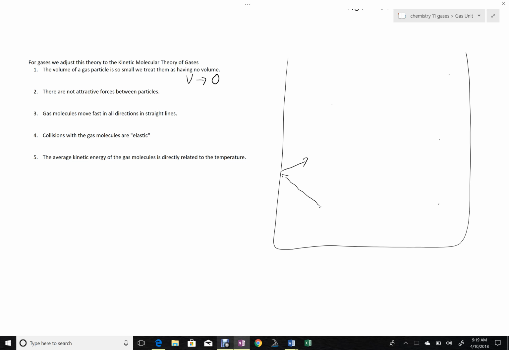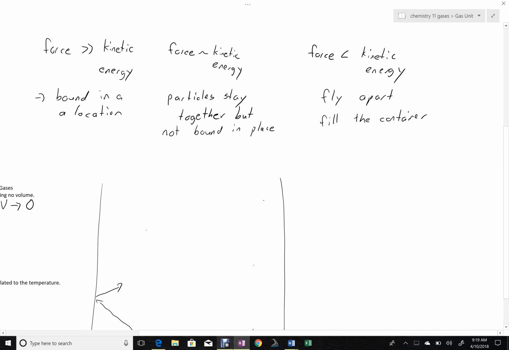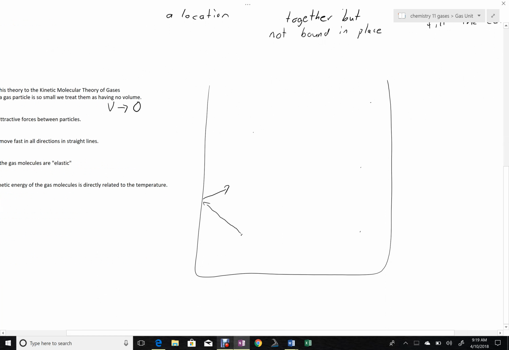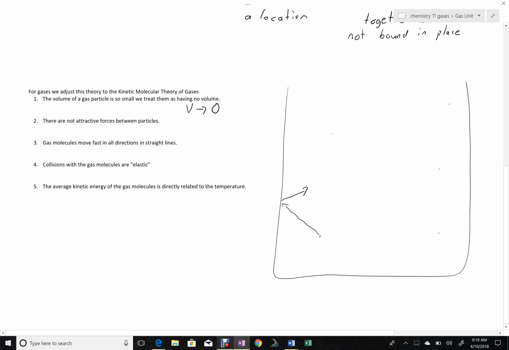There are not attractive forces between the particles. If you imagine for this thing to have become a gas, the force already had to be less than the kinetic energy. But then if we also consider that these intermolecular forces are related to the distance between the particles, as distance between particles grows, the force decreases.